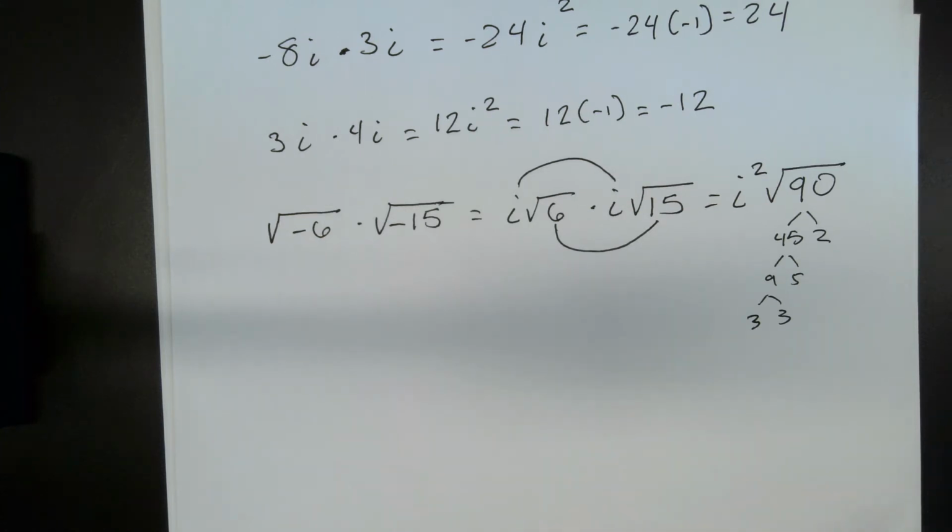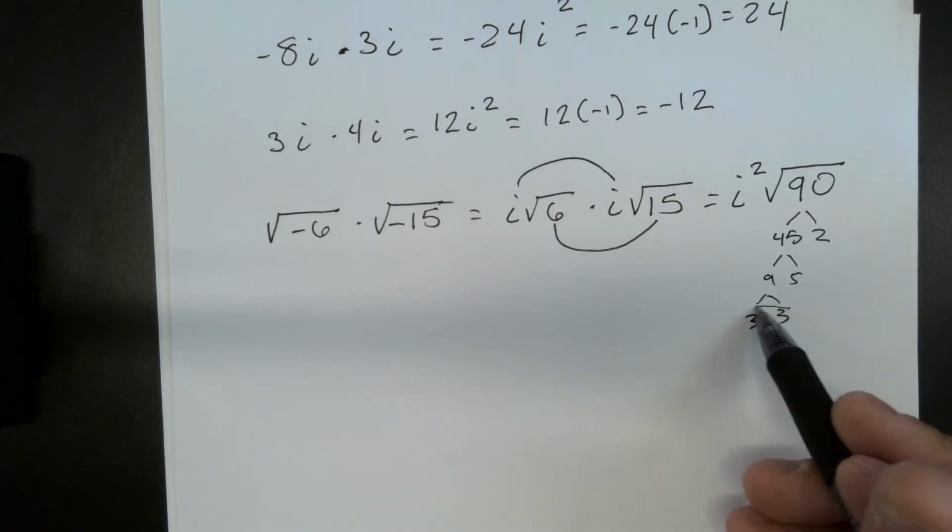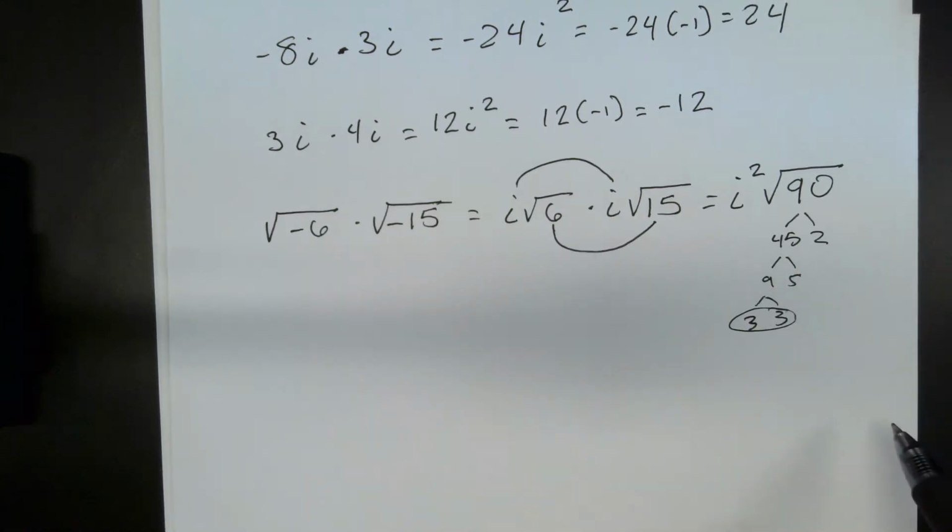What's our pair? 3. So we have 3's with a 5 and 2 left over, right?